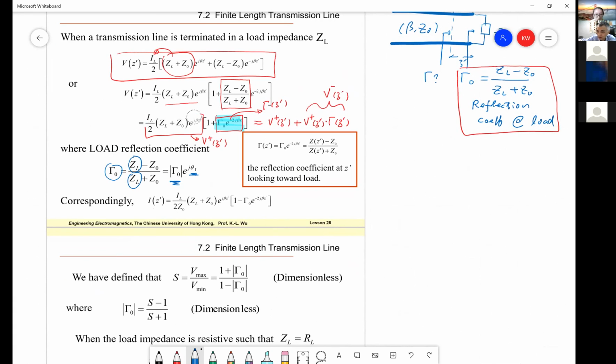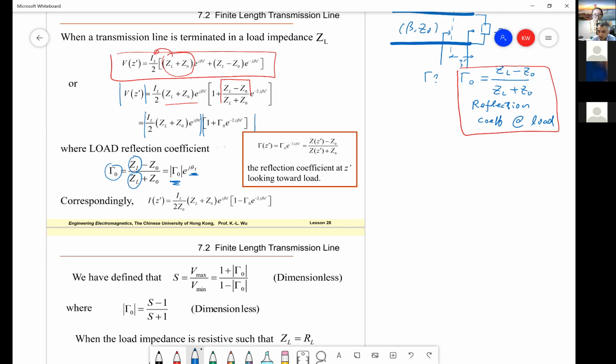Let's go back to this voltage expression. If I take the magnitude of the voltage, I know it is a complex number, but if I only look at the magnitude, I have this.